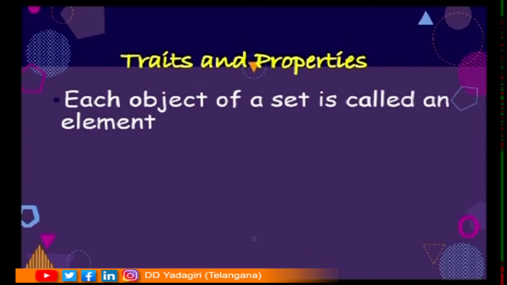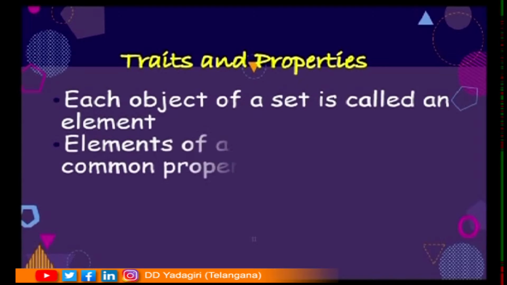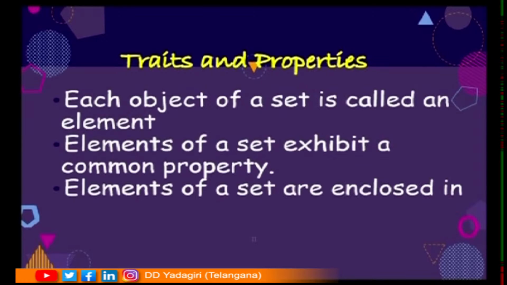Each object of a set is called an element. So, whenever we are talking about a set, we name each object as an element. And elements of a set exhibit a common property. Elements of a set are enclosed in braces.